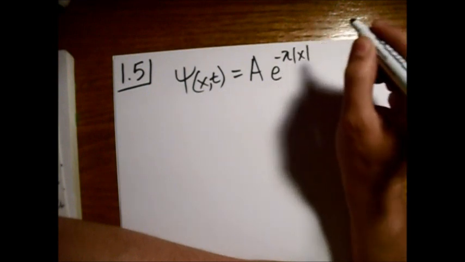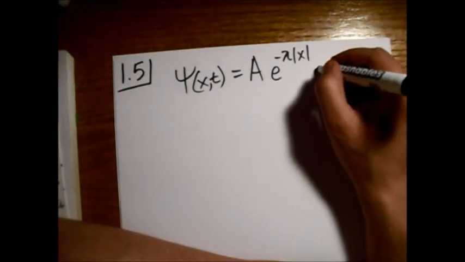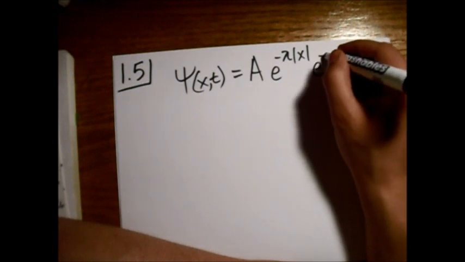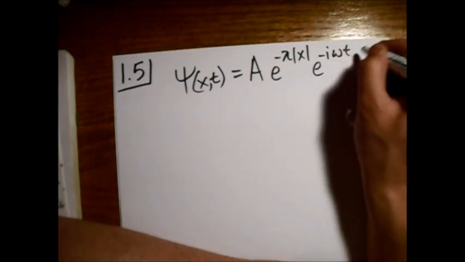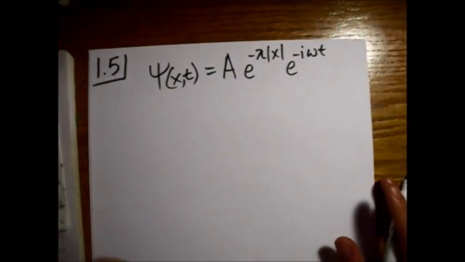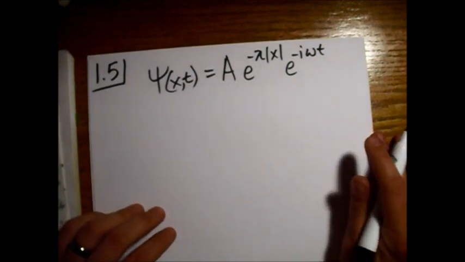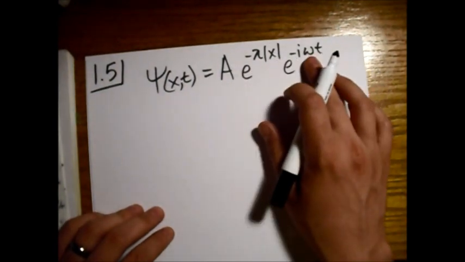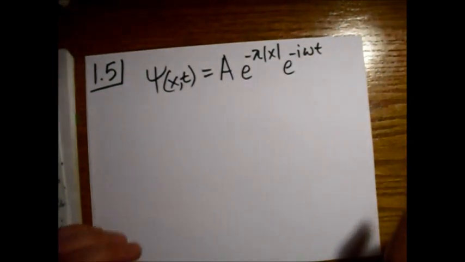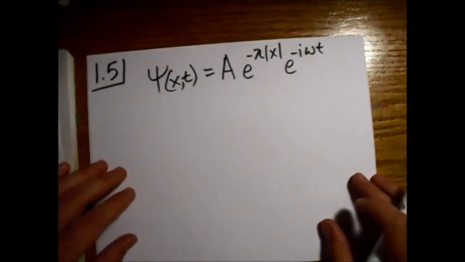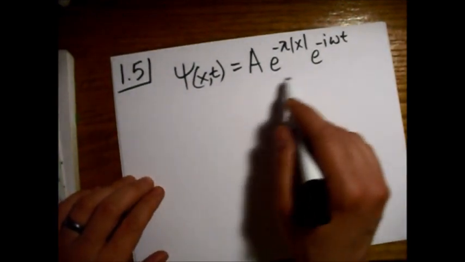So this is the absolute value of x, and we have this phase like that. Alright, so, consider this wave function. A, lambda, and omega are all positive real constants, and the first thing we have to do is normalize it.